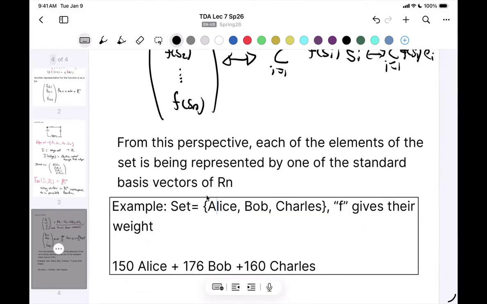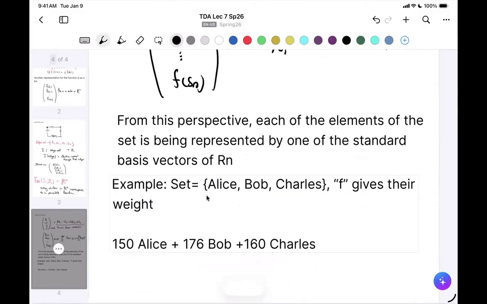You don't try to combine that any further, right? And that is the same as this vector in R3, which is 150, 176, and 160.